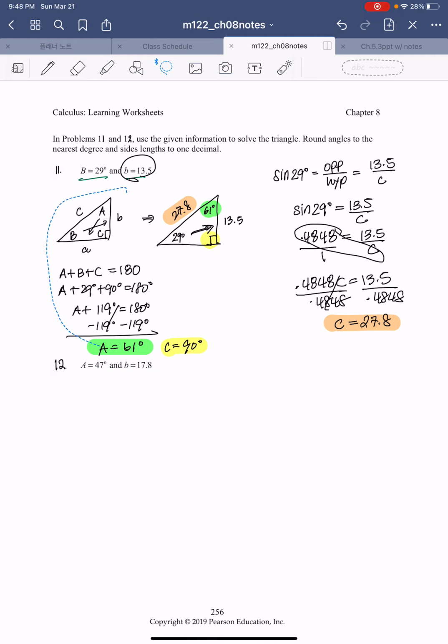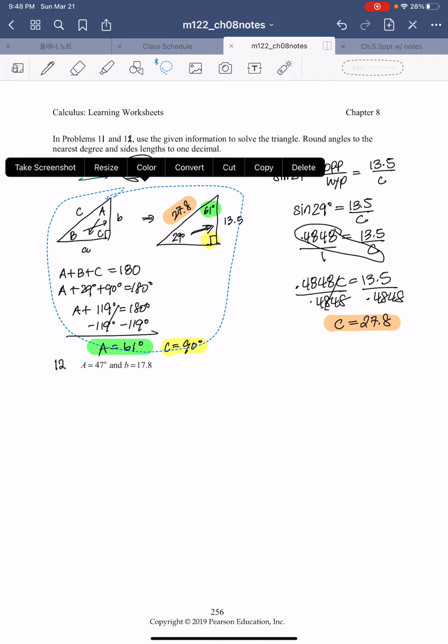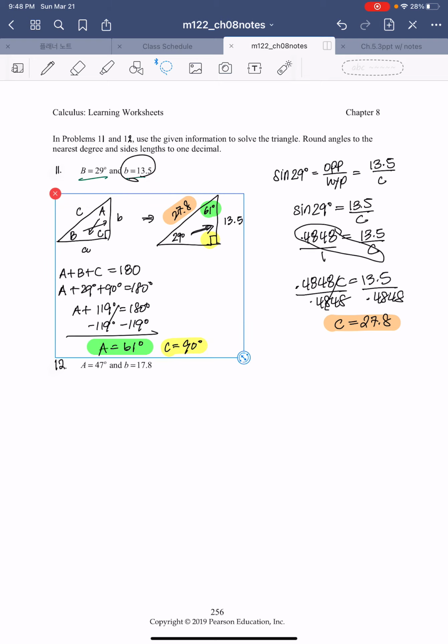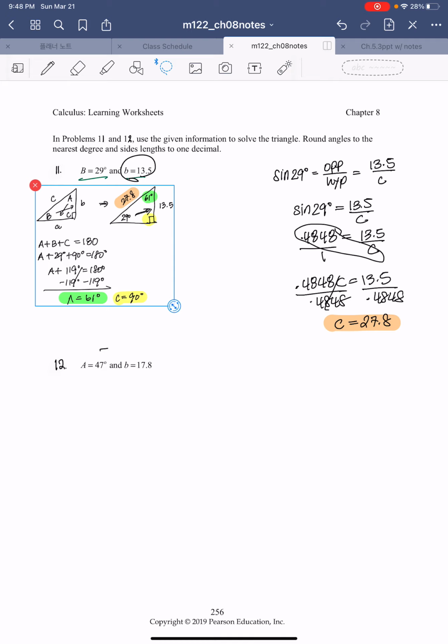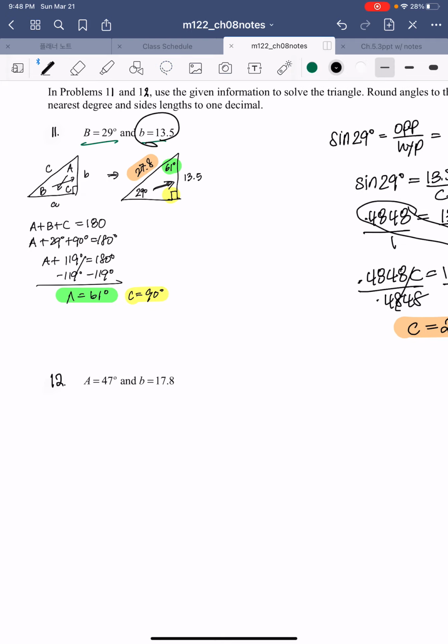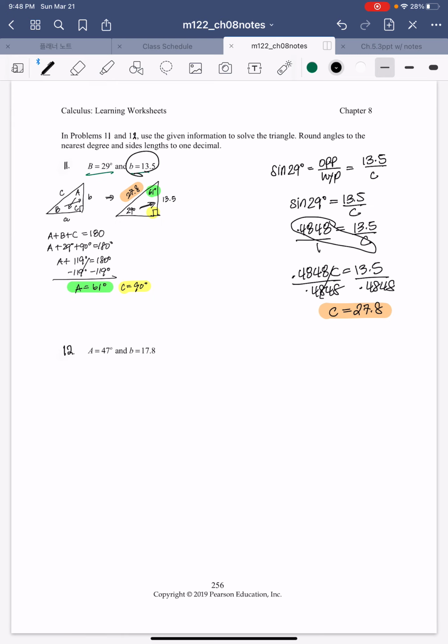Okay, I'm going to create more space. Let's resize it. Also going to resize this one.